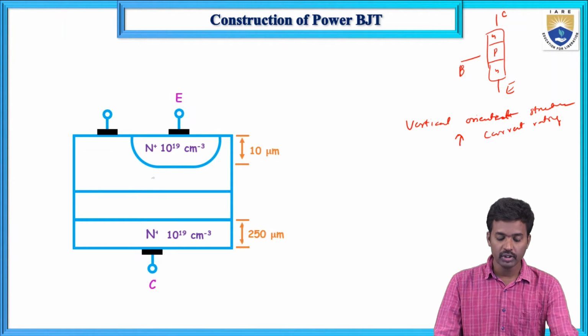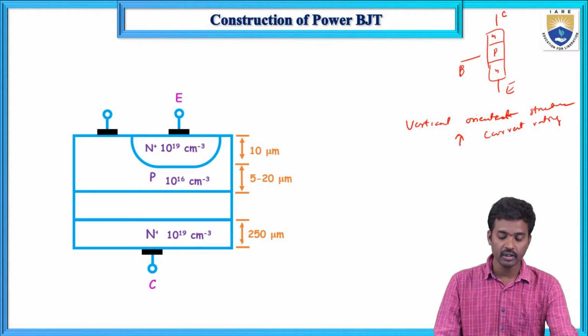And what about this P layer? It is a moderately doped layer. Plus indicates the highly doped layer, minus indicates the lightly doped layer, and no sign indicates the moderately doped layer. The moderately doped level is 10 raised to the 16 per centimeter cube.